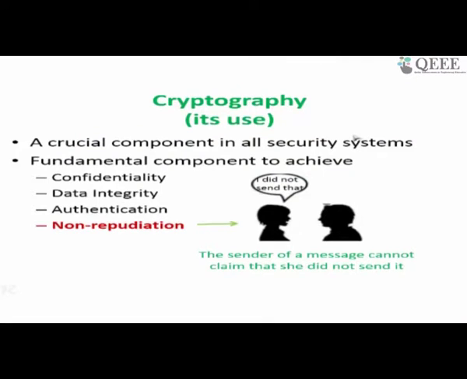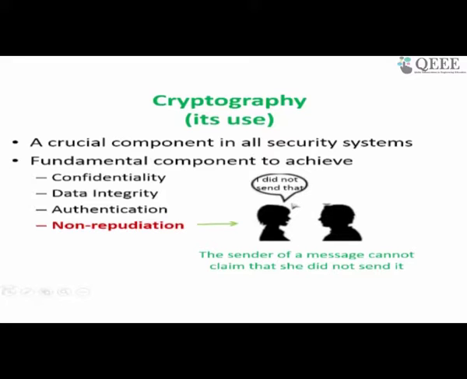A fourth and important use of cryptography is for non-repudiation. What do we mean by this? Let us consider a case where you have two people, and one person has sent a message to the other person, and after a few days or a few weeks, this person claims that he has not said such a thing, or he has said something totally different.